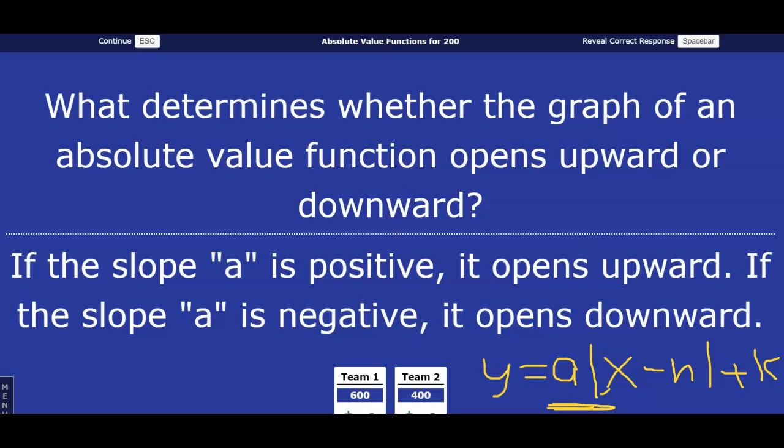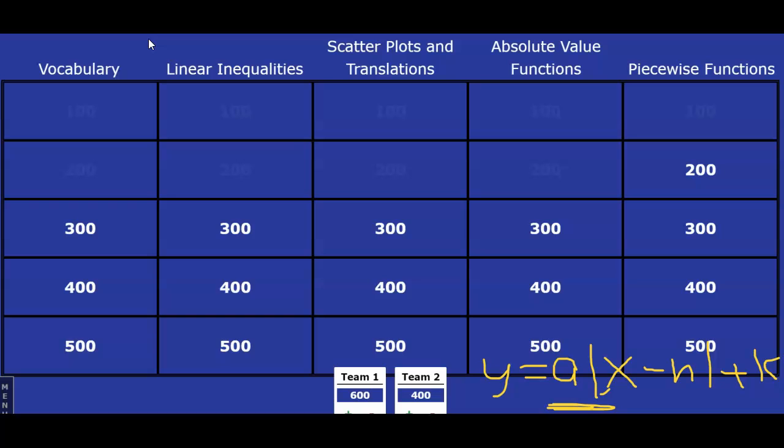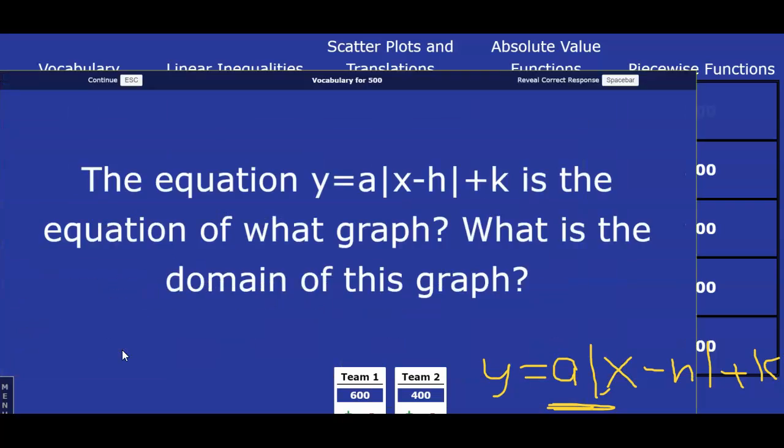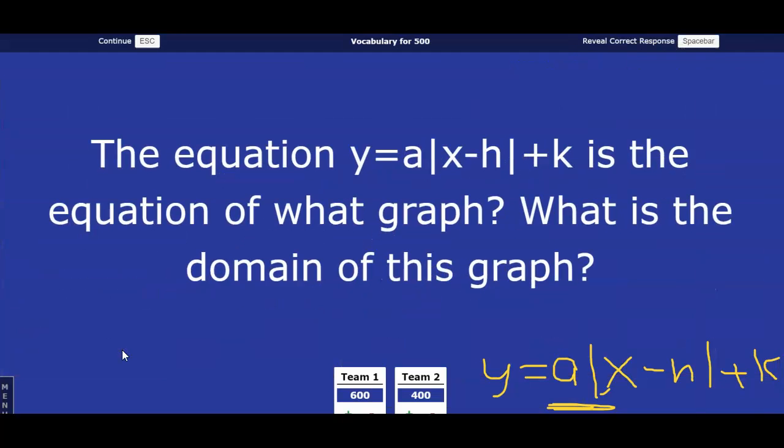All right, last question, and I won't put any of you up at the board. We're just going to make it the first one to get up there and write it down correctly. So it is a team free-for-all. The equation y equals a absolute value of x minus h plus k is the equation of what graph?